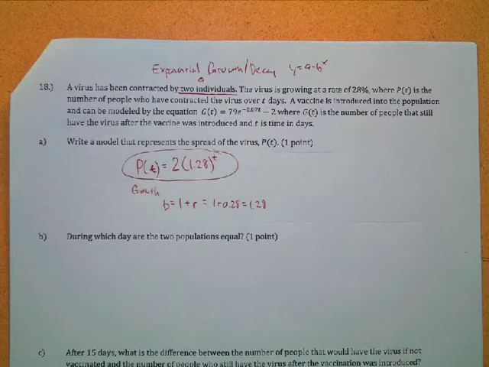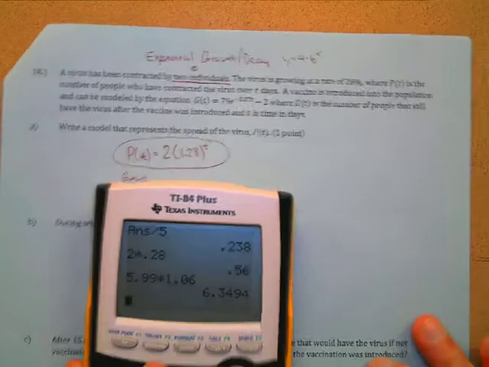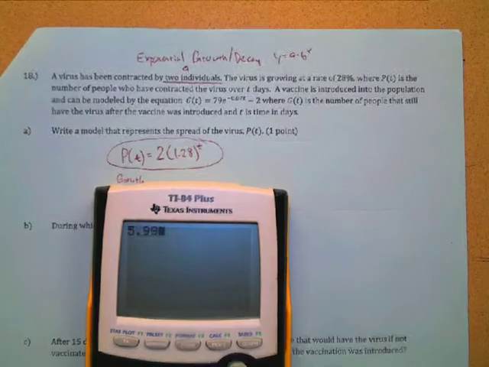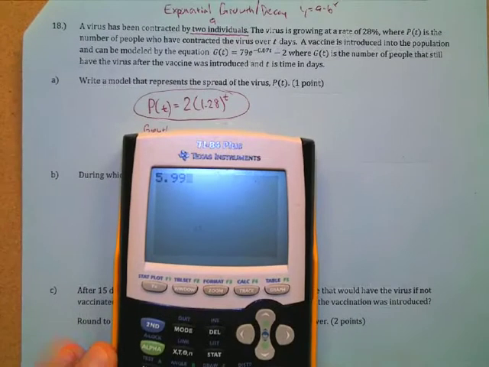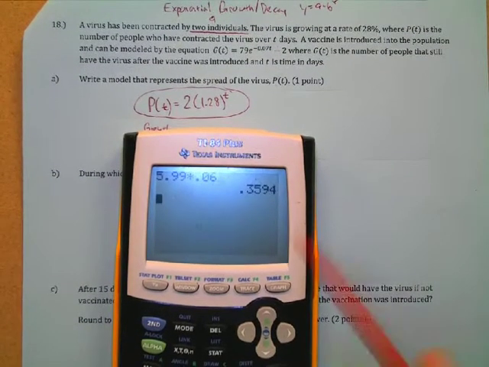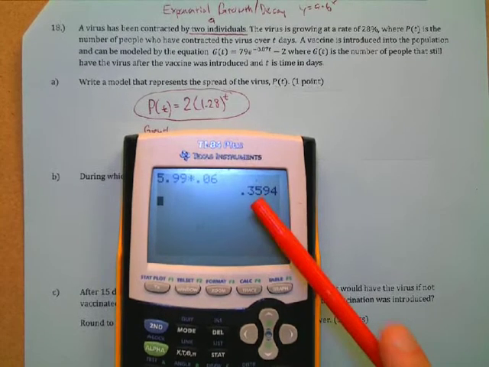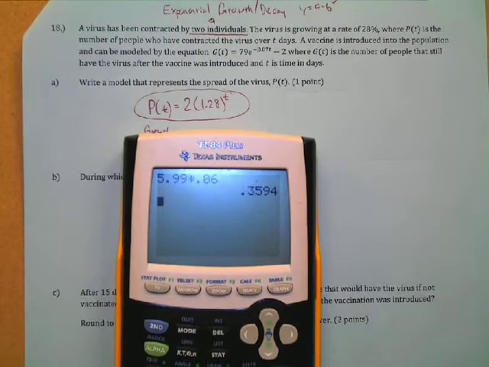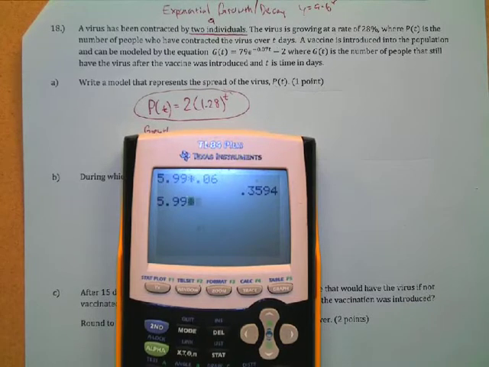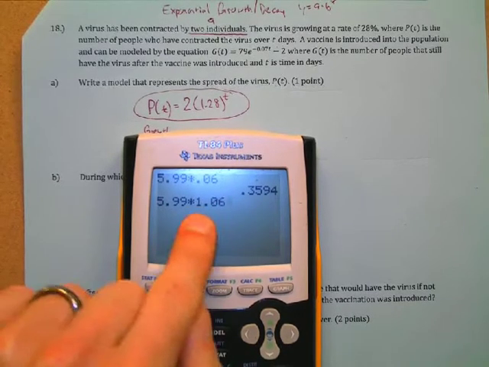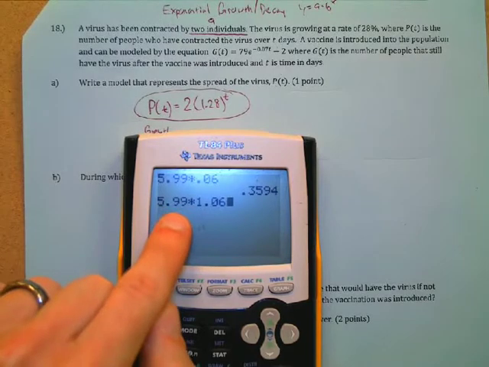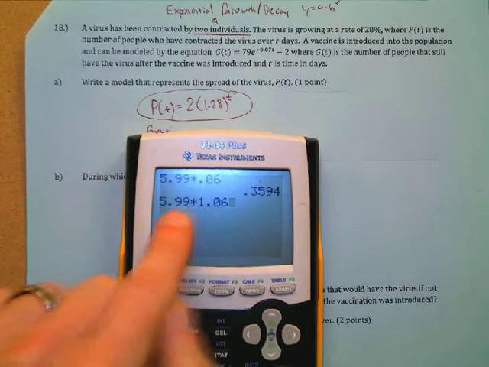Tax is 6%. So if I take that $5.99 and multiply by 0.06, that is not what you pay, that's the tax. We want to add that on. The way you can do that is by doing 5.99 times 1.06. The 1 means you keep the original price, and the 0.06 adds on that additional amount.